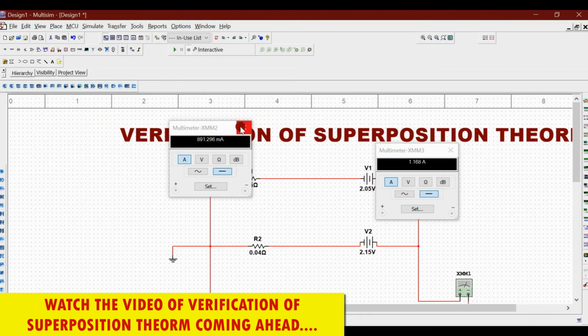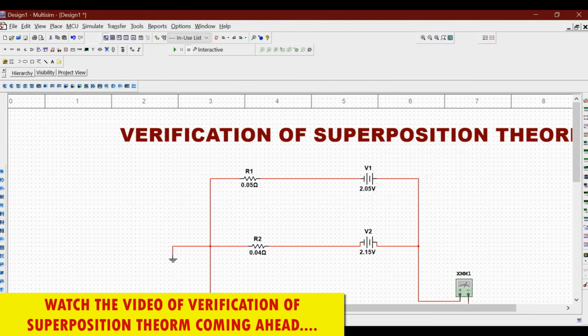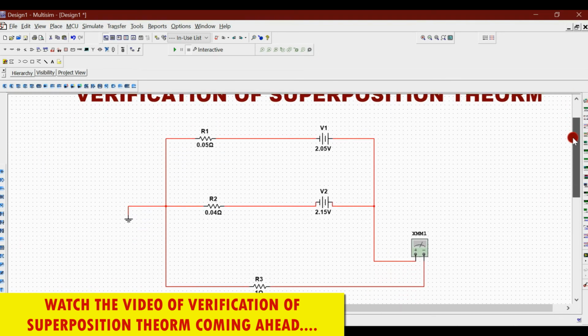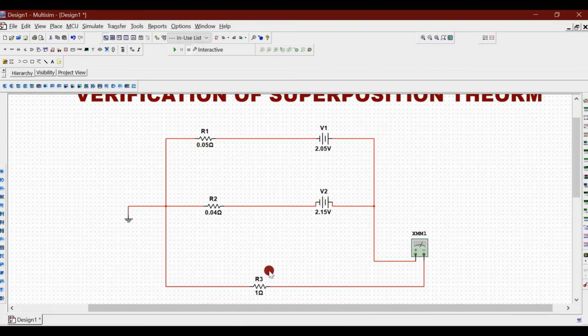Now we are going to verify the superposition theorem in Multisim software. You can see we have drawn the same circuit. I have connected the resistances of 0.05 ohm and 0.04 ohm, a 1 ohm resistance, and there are two voltage sources, 2.05 volt and 2.15 volt, and a multimeter.